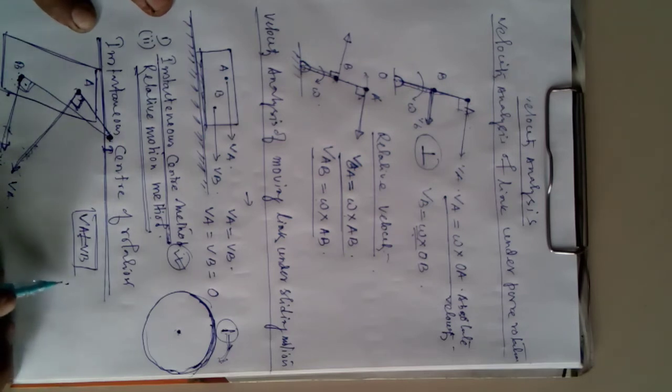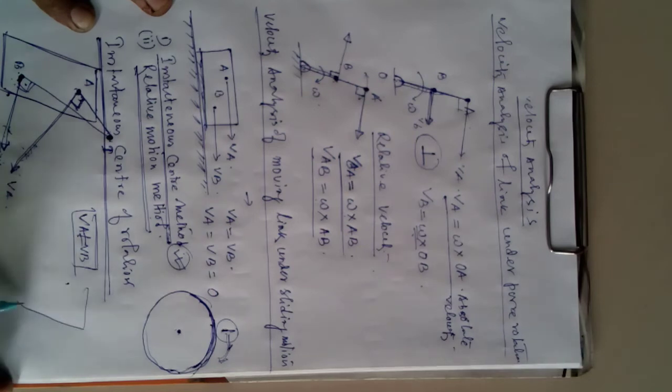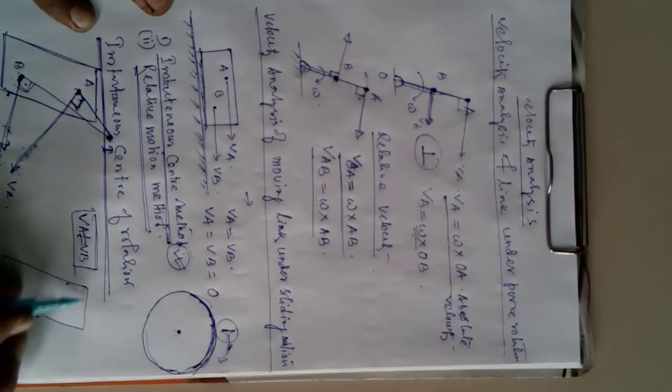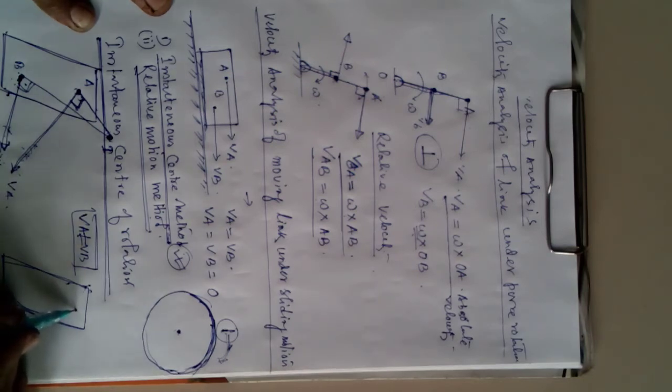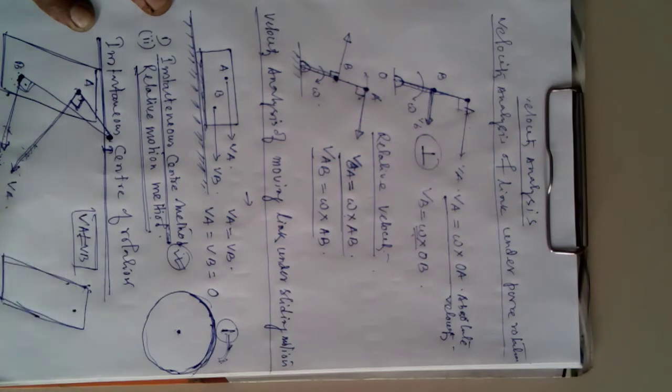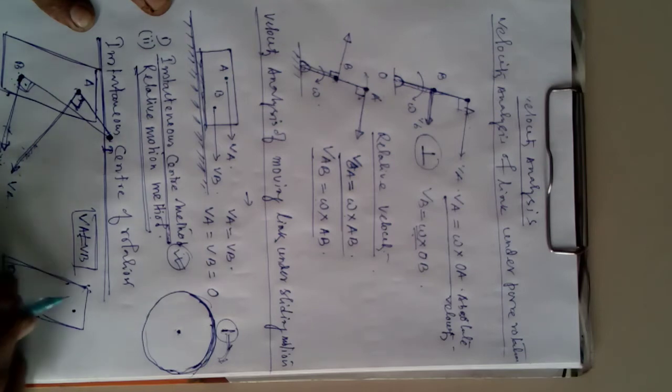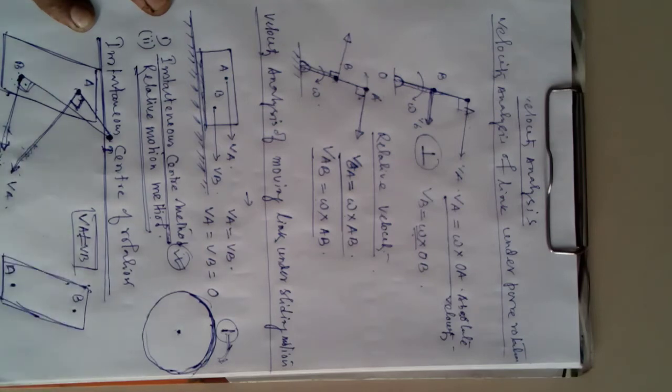Suppose again we consider a link. If you consider a link, suppose a point, and that is another point. So one is A and another is B. Okay, so VA and VB are not equal.